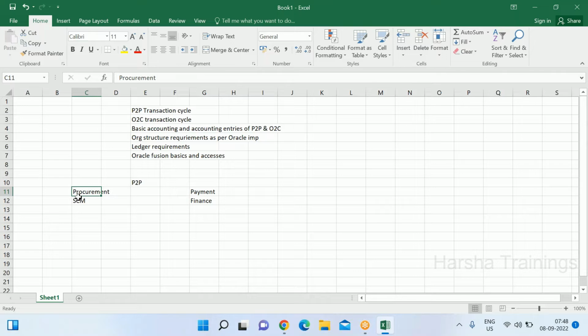So let's understand how the flow works. Any department in the organization that requires an item to buy will first create a request. Let's say, for example, the HR department, or some division of the business, requires 5 laptops.